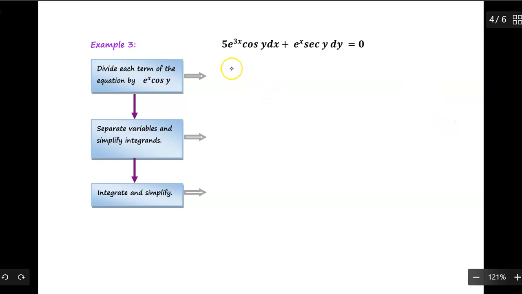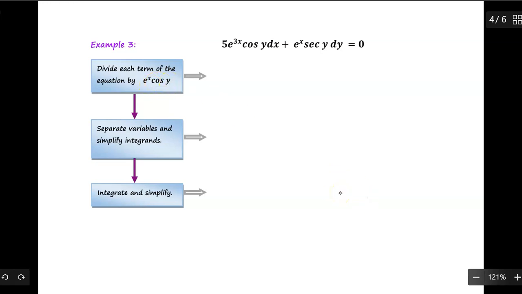So right here, you see that I will divide it by cos of y. In here, I want to get rid of the e to the exponent x on this side as well, because I don't want the e to the exponent x multiplying with the dy. So if I divide this by cos of y, I get rid of this. Then I divide it by e to the exponent x to get rid of it. Then I might as well divide each term of the equation by e raised to the exponent x times cos of y.